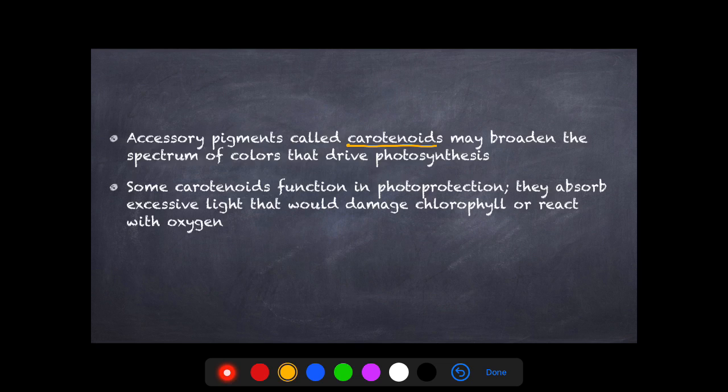Now, accessory pigments that we just talked about, called the carotenoids, can actually be different shades of yellow and orange because they absorb violet and blue-green light, okay? So I'll write that here. They absorb violet and blue-green light.